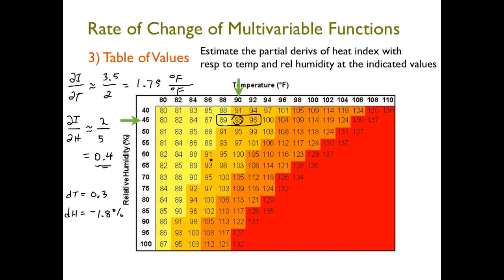Can you talk to me about a strategy for this? What were you thinking about this? I was just multiplying 0.4 by -1.8. Okay, so 0.4 times -1.8. And what does that get for you? -0.72. But what is that? What does that mean?